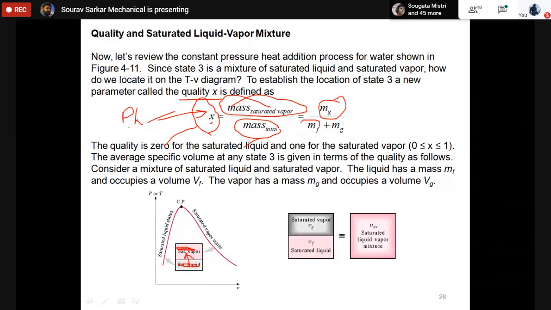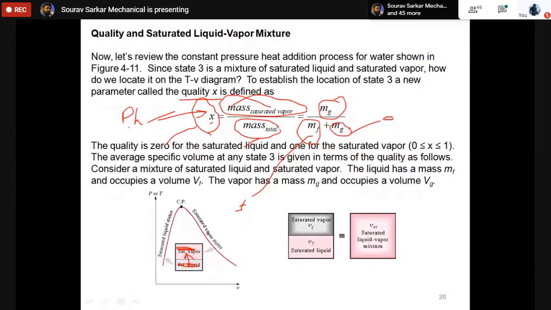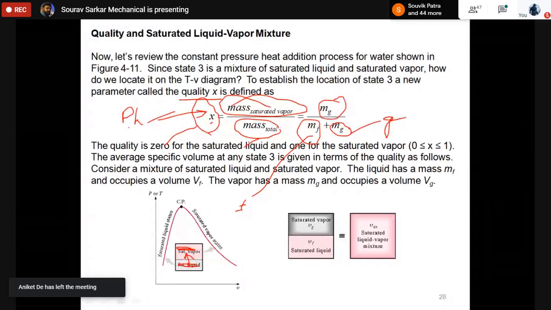You can consider F means fluid and G means gas. Okay, so this will be easier for you. Whenever you talk about g, g means saturated vapor. Whenever you talk about saturated liquid, it will be fluid, so it will be f.